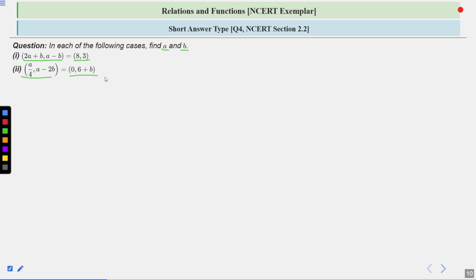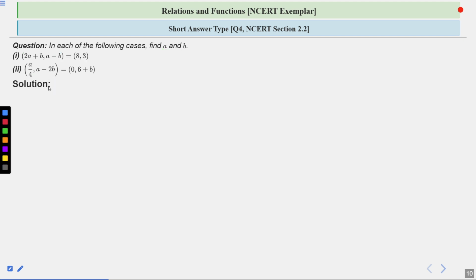Just recall the condition when we say that 2 ordered pairs are the same: when the first position of the left side ordered pair is the same as the first position of the right side ordered pair, and also the second position of the left side is the same as the second position of the right side, then the given 2 ordered pairs are the same.